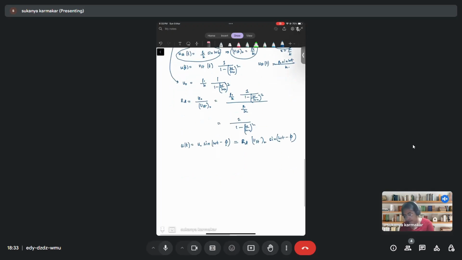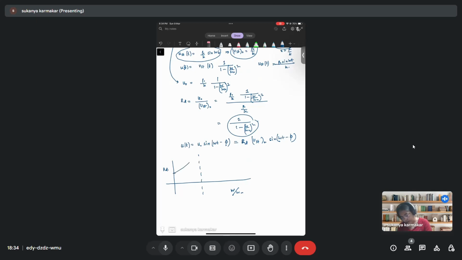This is the definition of Rd. So when you plot Rd, the deformation response factor, with respect to the omega by omega n ratio: when omega is equal to omega n, that is when this ratio is equal to 1, it is undefined. When omega by omega n is 0, it is 1.